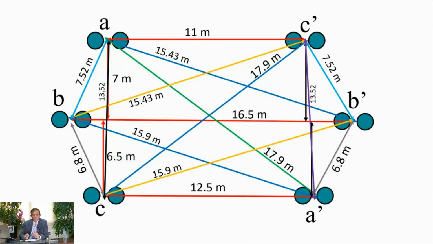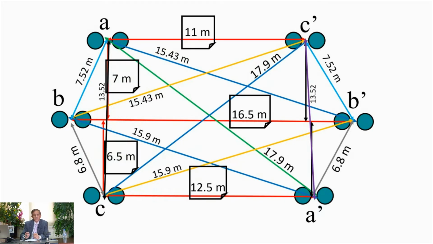These are all the dimensions that you can imagine between the two circuits. 11, 16.5, 12.5, 7 and 6.5, which I marked here, are the given spacings in the question. The others are Pythagoras calculations.